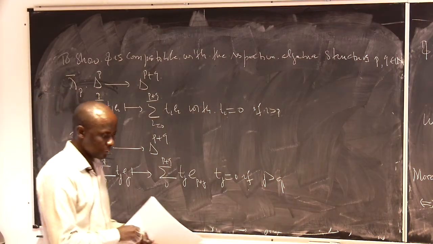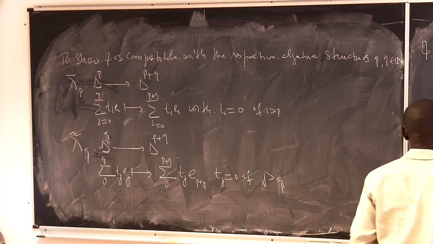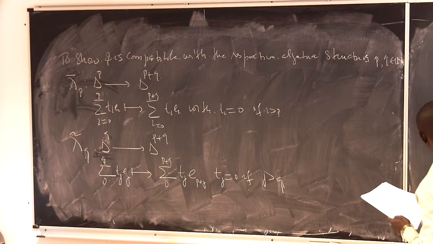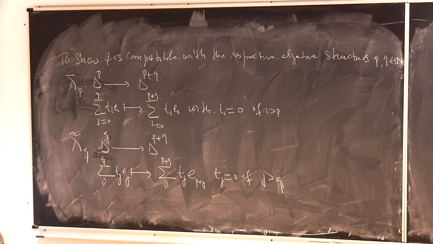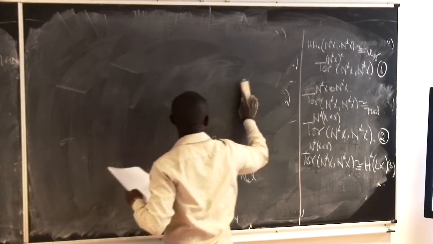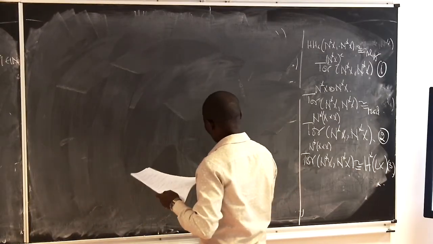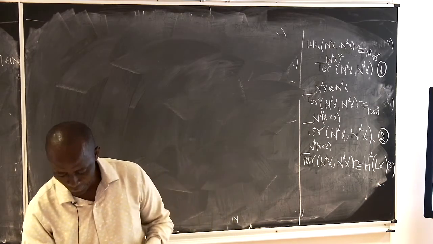So using these two maps, we will show that our Phi is compatible with the respective product on the domain and codomain.